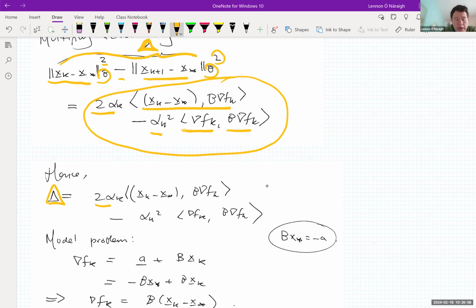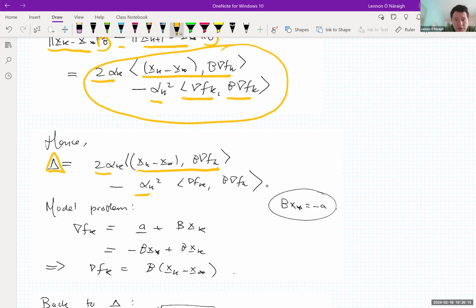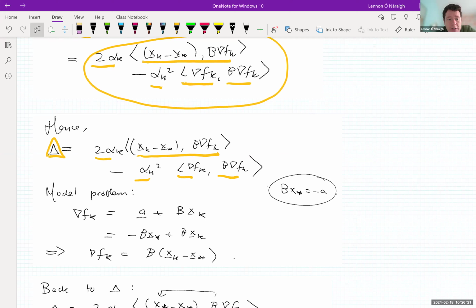So it's the 2 alpha_k times this particular scalar product minus alpha_k squared grad f scalar product with B grad f. So the aim of the next part of the calculation is to simplify this expression for delta as much as possible and to make it into something recognizable that only really involves B and A and so on.